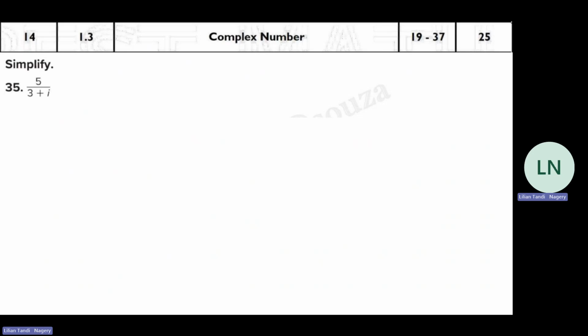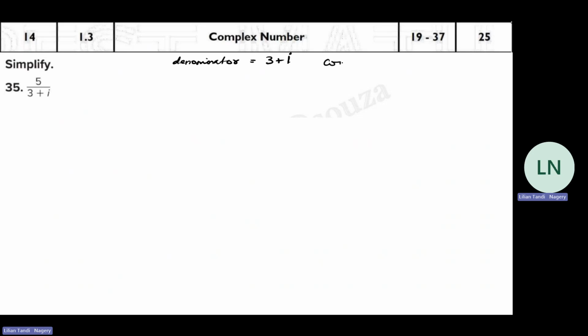And how are you going to use the conjugate to rationalize the denominator? You're going to multiply the fraction, that means the numerator and the denominator, by the conjugate. So your denominator is 3 plus i.